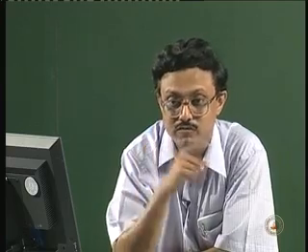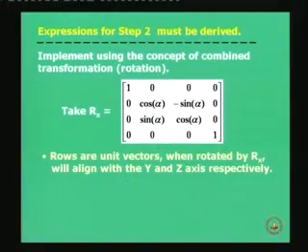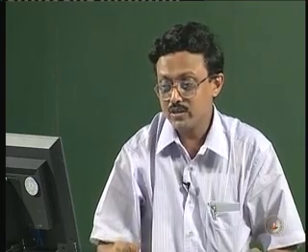So 1 0 0, the first row vector, remains 1 0 0 itself, but the next 2 row vectors, which are again unit vectors, will get aligned with the y and z axis respectively. It is a very nice phenomenon which we will discover now with an example, but before that there is another complementary or similar concept, where I say, what about the column vectors?